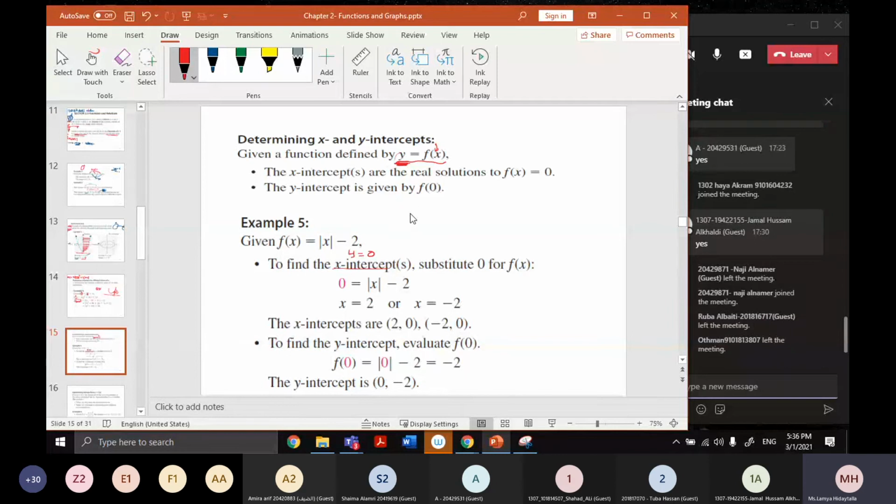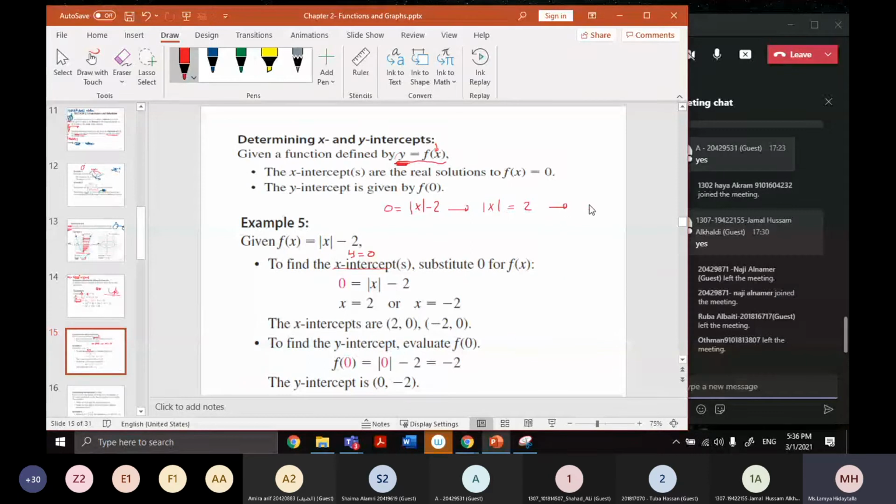So we'll have 0 equals the magnitude of x minus 2, and this implies the magnitude of x is equal to 2. And we knew before in the previous chapter how to solve this equation, correct?